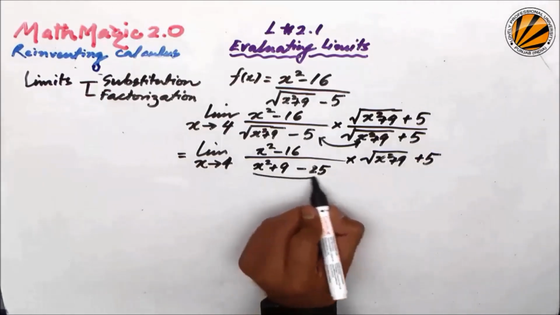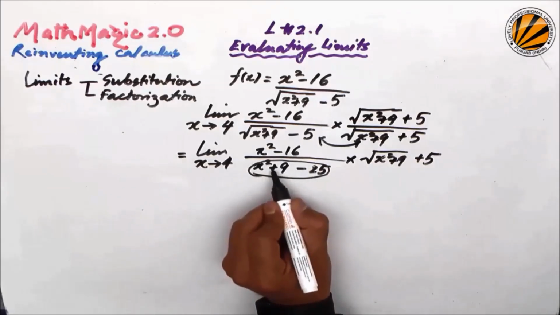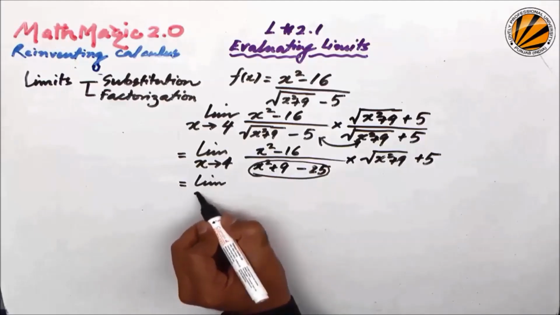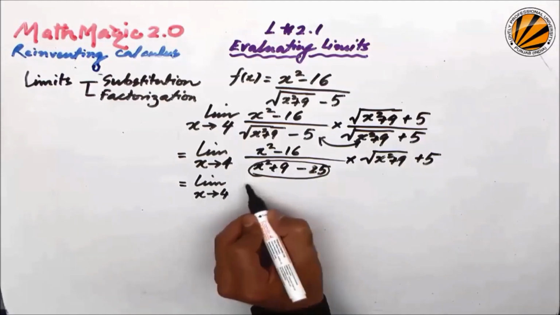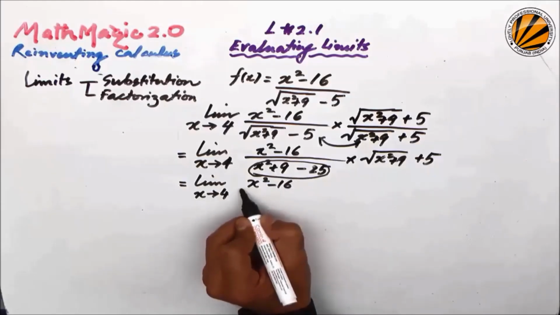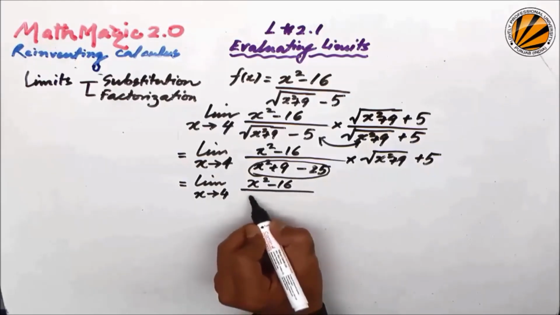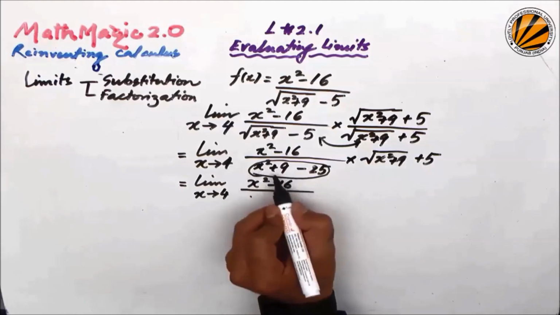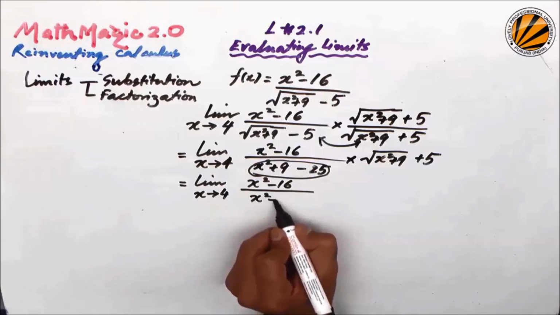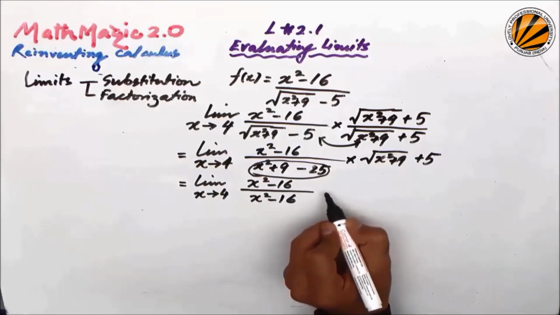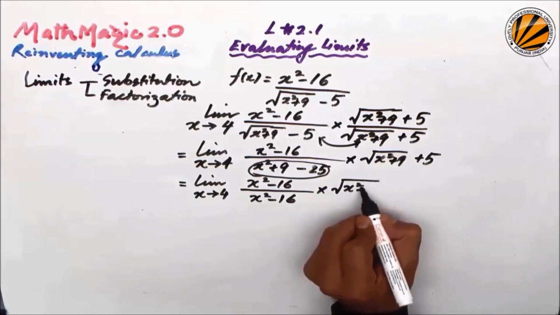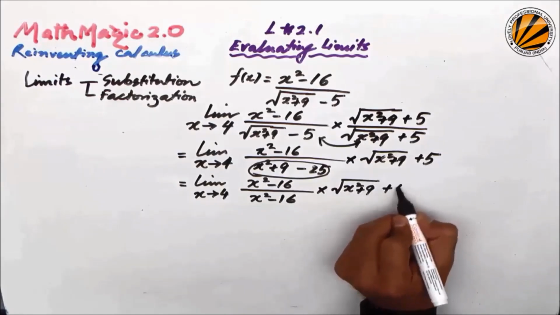Now this can be simplified. The numerator is x square minus 16, and the denominator, x square plus 9 minus 25, is x square minus 16 again, multiplied by the rationalizing factor, plus 5.